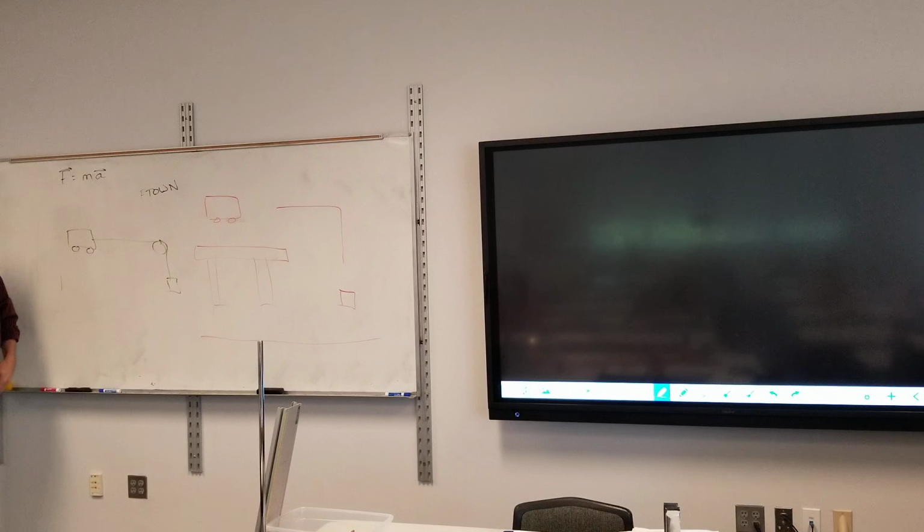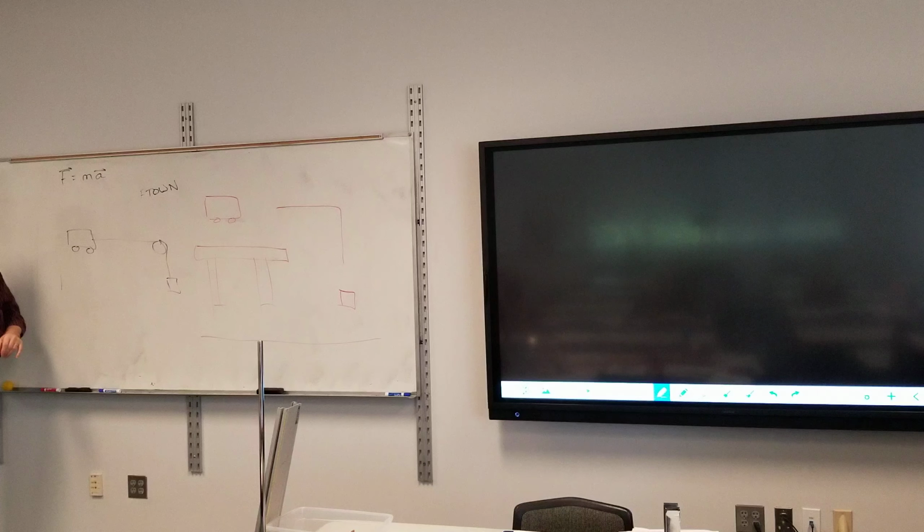What's exerting the normal force on the cart? The table. Which way is the table exerting that normal force on the cart? Upward. Yes, there we go.